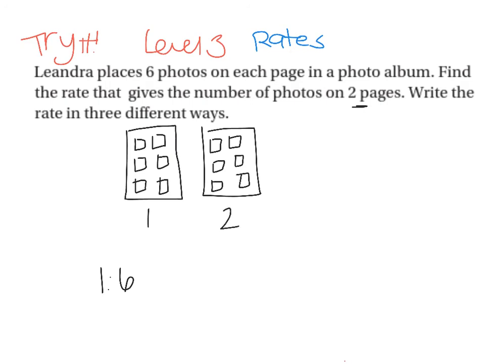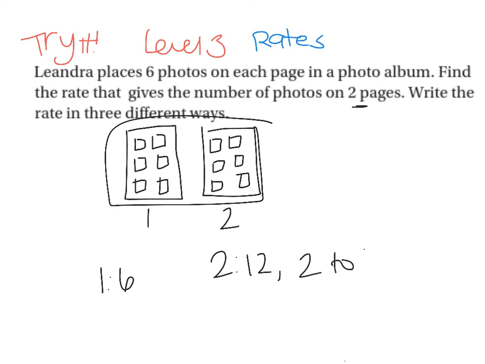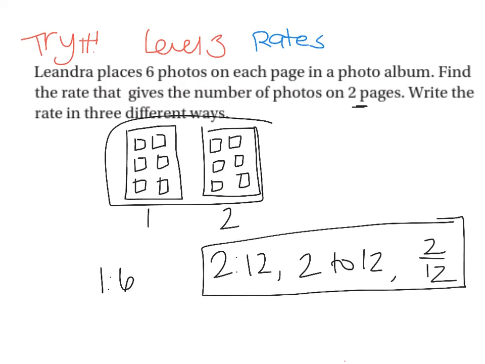So for 2 pages, there would be a total of 12 photos. So we would have 2 to 12, and we're writing it in 3 different ways. And 2 over 12. And that's how we would find the rate and write it in 3 different ways.